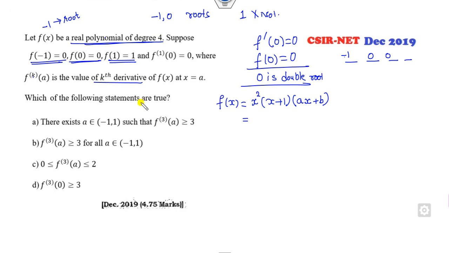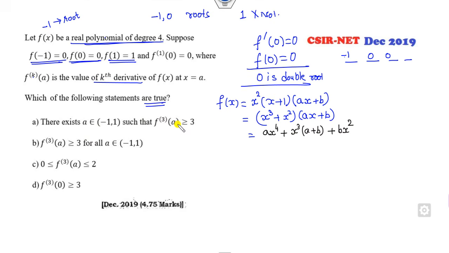Which of the following statements are correct? You need to find the third derivative. So what you do, x cube plus x square, times ax plus b. If you open this bracket, you will get ax raised to power 4 plus x cube is common, a plus b, then plus b of x square.